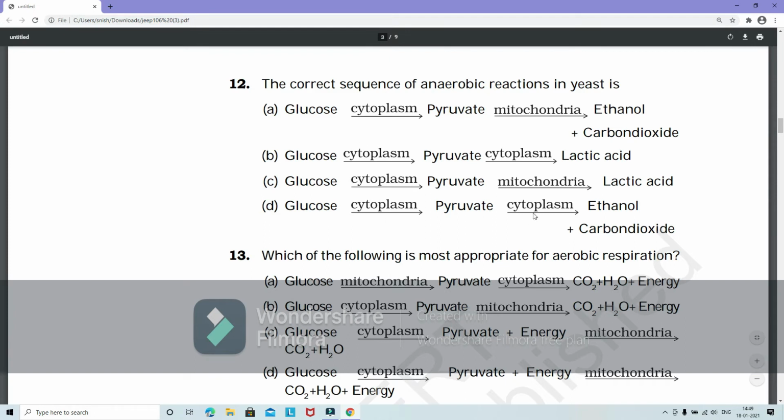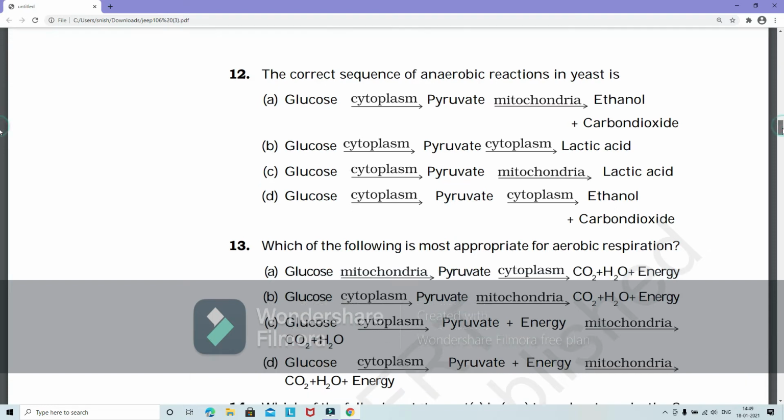We should know that mitochondria is only for aerobic respiration. In any other case the second arrow will be followed again by cytoplasm, so you can eliminate the first and third options. It should be B or D. Lactic acid is for muscles, so it should obviously be D.